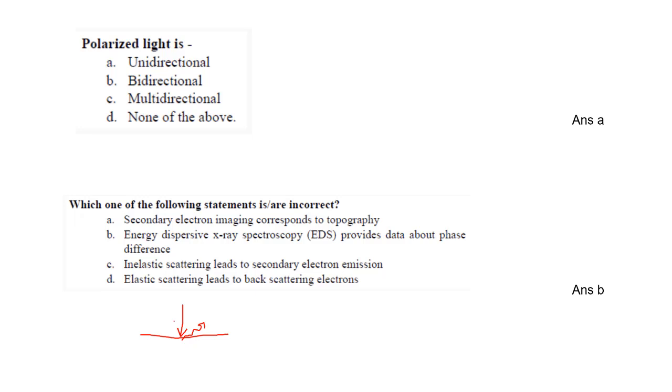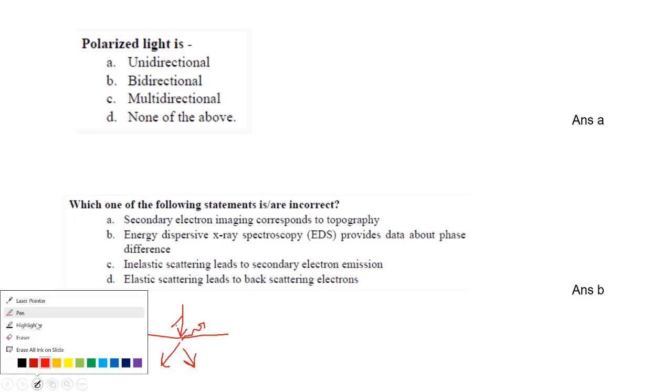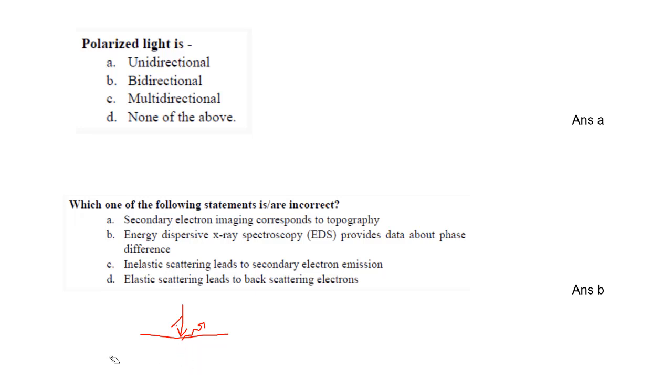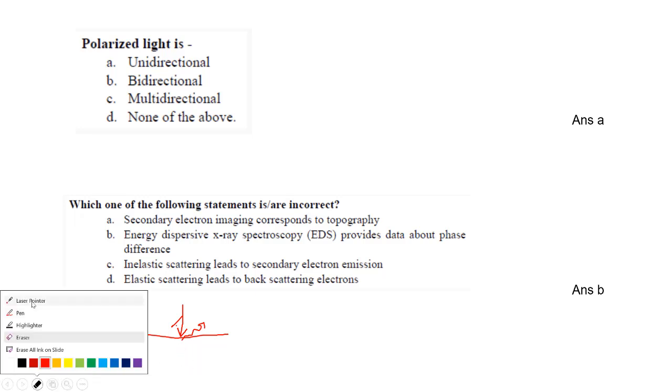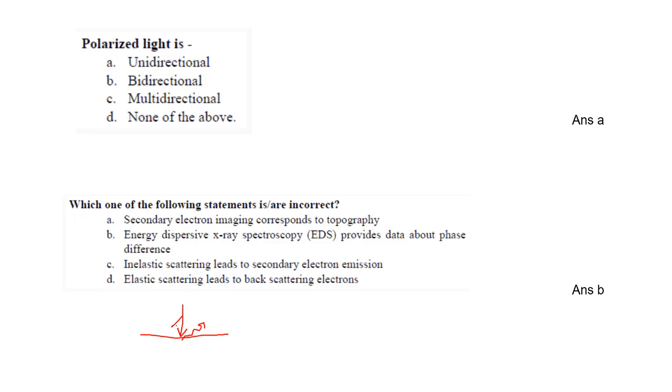Then there is inelastic scattering, and the elastic scattering. Elastic scattering means the backscatter. Sorry, not this direction. If the angle is very small, this is the backscattered electron.